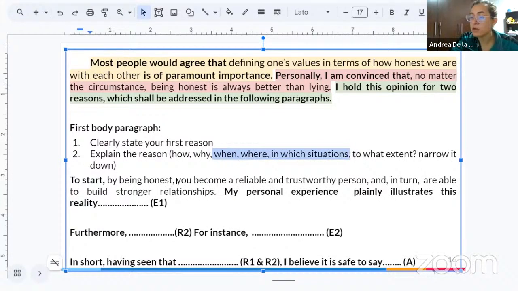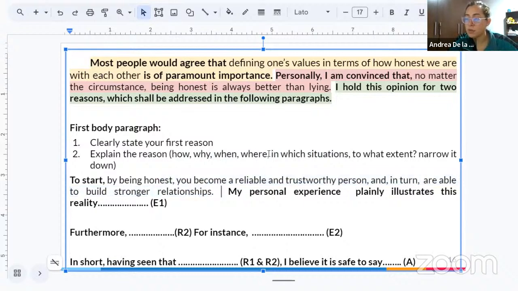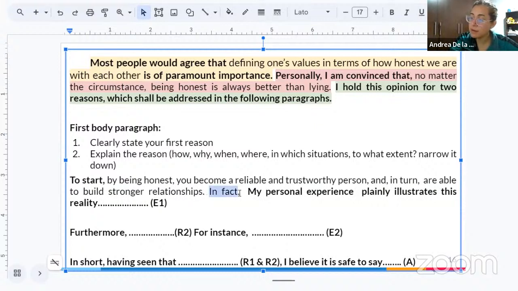So for example, here we're talking about this in general, right? If we want to go a little bit farther, we can explain when, where, in which situations. We could say, for example, in fact, and now we can talk maybe about friendships only. So in fact, maybe it is widely known that when choosing a friend, honesty is one of the first qualities that we look for, for example, right?